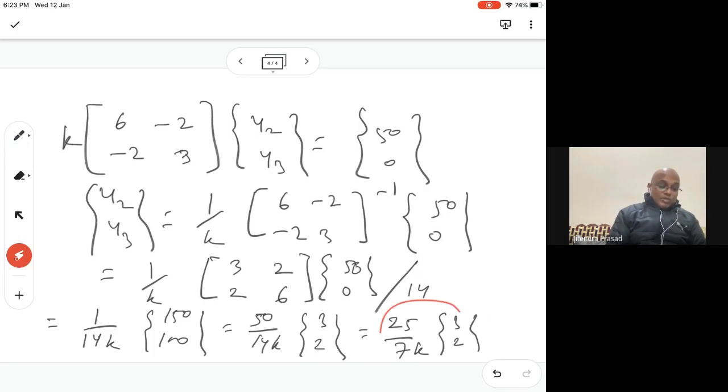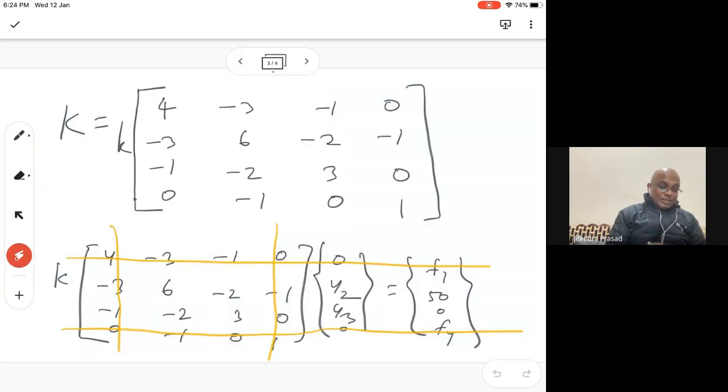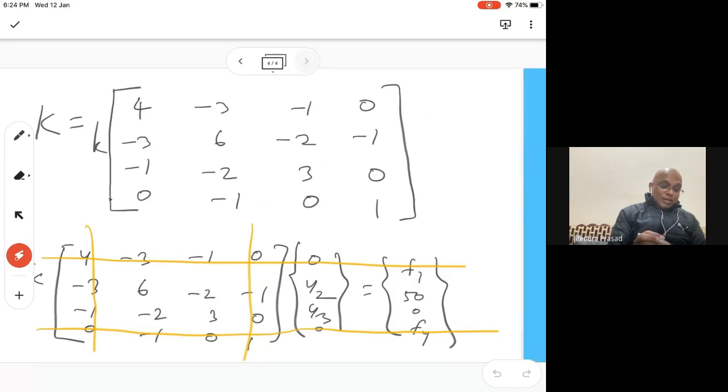Now you can put these values back into the system. With the values of u2 and u3, you can use the complete matrix to find F1. So F1 will be equal to minus 3 multiplied by u2 minus 1 multiplied by u3, and likewise you can find F4.